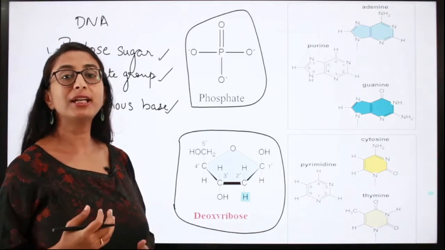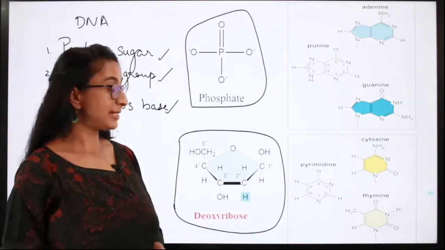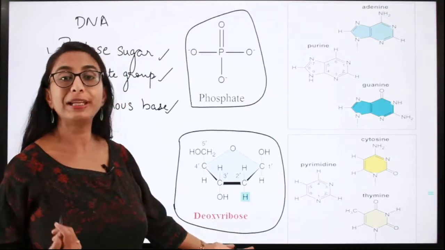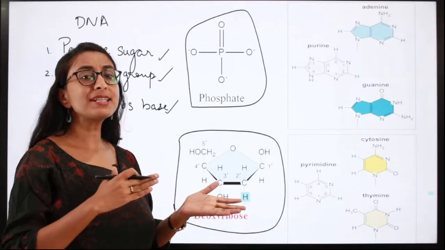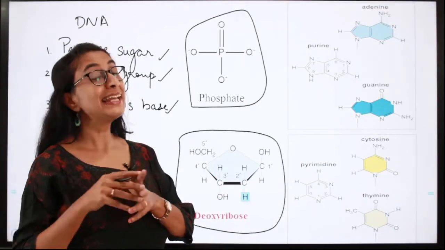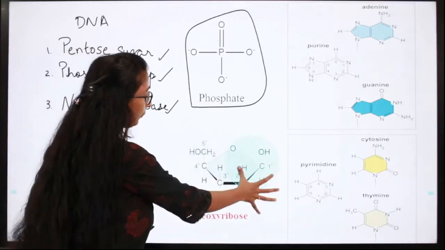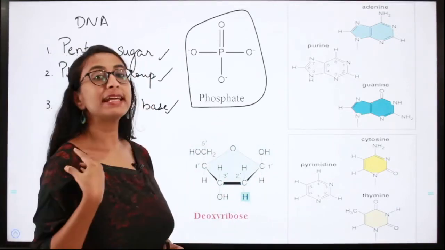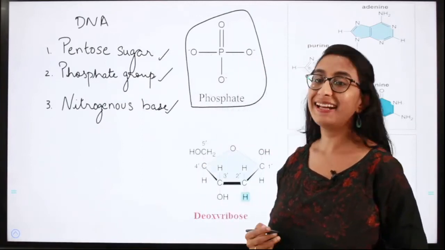So RNA is called ribonucleic acid and DNA is called deoxyribonucleic acid, isn't it? So what is the difference between ribose and deoxyribose? This can also appear as a question. So what is the difference between ribose, which is present in RNA, and deoxyribose, which is present in DNA?